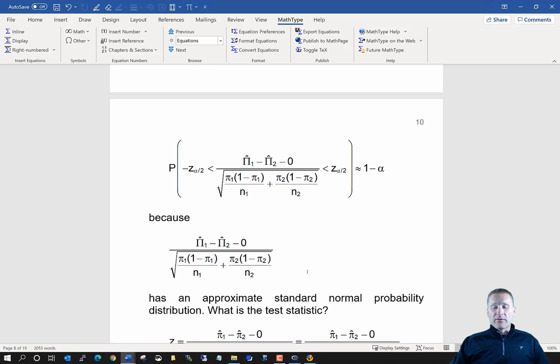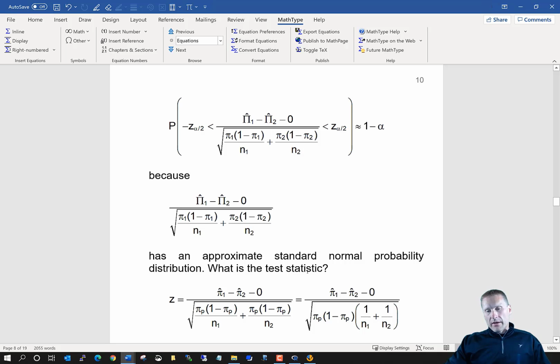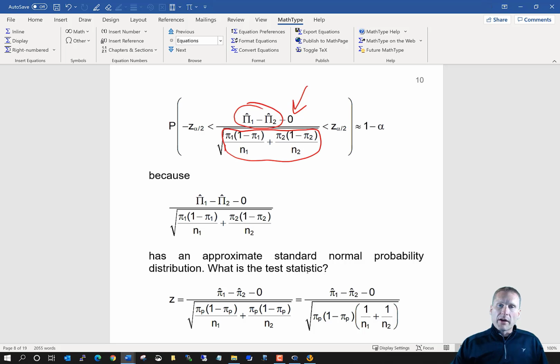When we've done inferences, one can show that if I take pi hat 1 minus pi hat 2 as my random variable, subtract off a hypothesized value for pi 1 minus pi 2, and then divide by the square root of the variance of pi hat 1 minus pi hat 2, I get an approximate standard normal random variable.